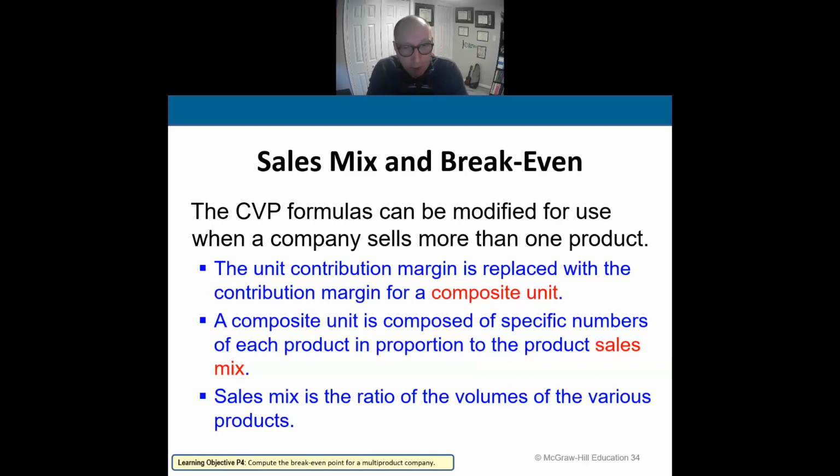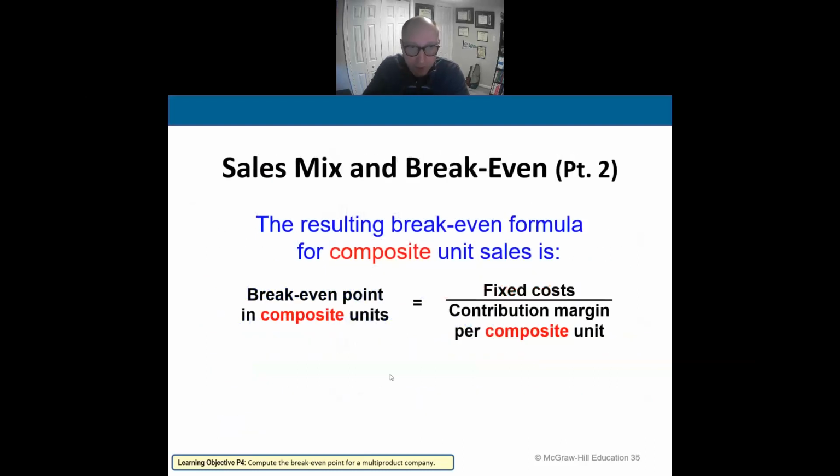So oftentimes what we do with respect to sales mix is we take all of our different types of products into consideration in developing a break-even strategy. I'm going to add up all of my variable costs for units and all that good stuff to figure out the volumes. Here's what that looks like.